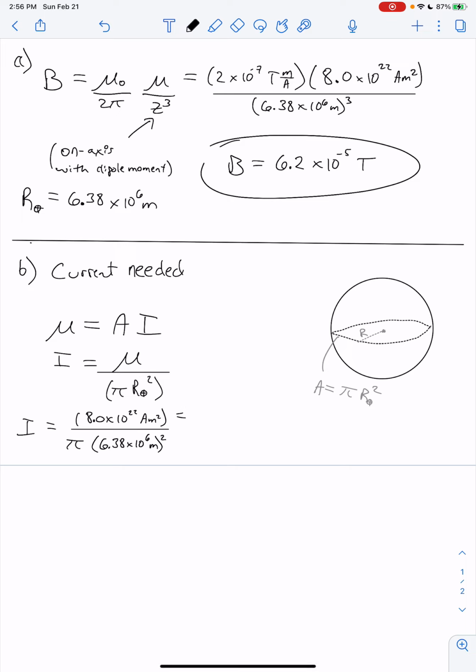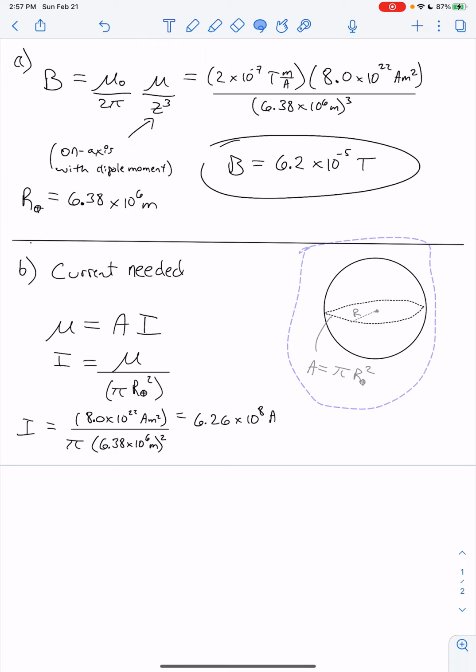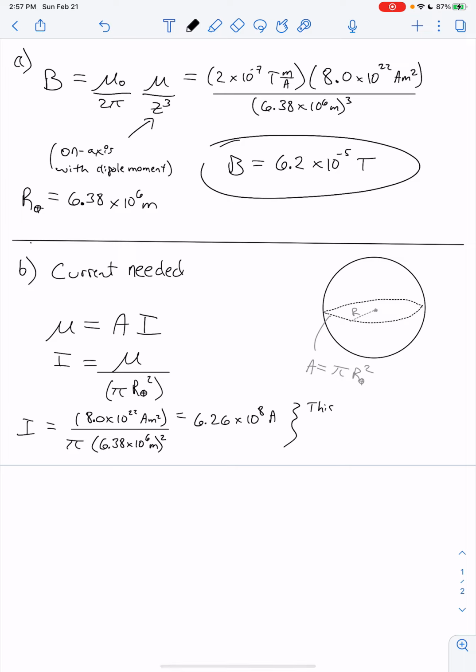So we plug this in, and we get a value of 6.26 times 10 to the 8 amps. That's a very large current. I would not want to be responsible for producing that.